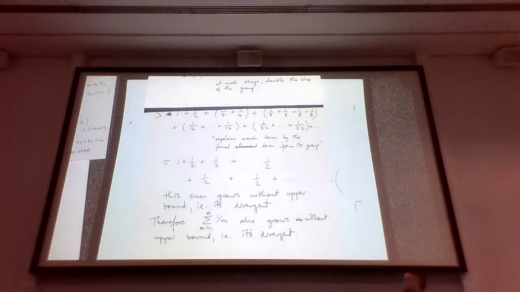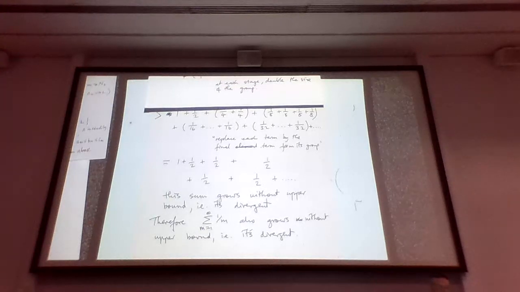So although I maybe tried to slip it by you or convince you at the beginning that because the things you're adding up are getting smaller and smaller and converging to 0, they're not converging to 0 fast enough. They take their time with that. And what that means is they still have enough weight, there's still enough significance to these terms, that the infinite series is actually divergent.